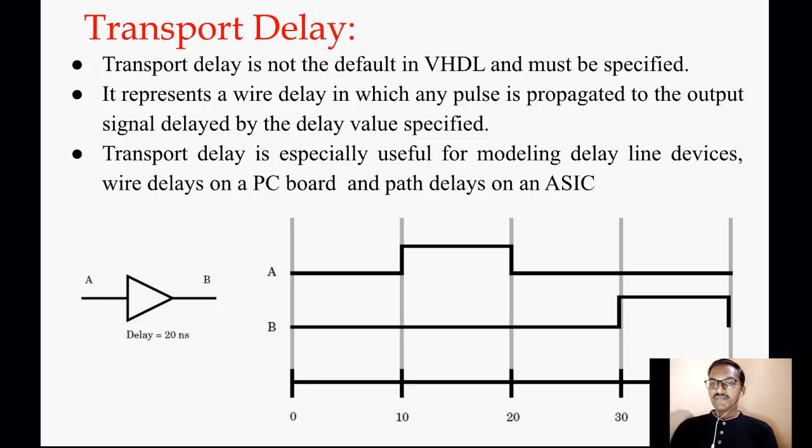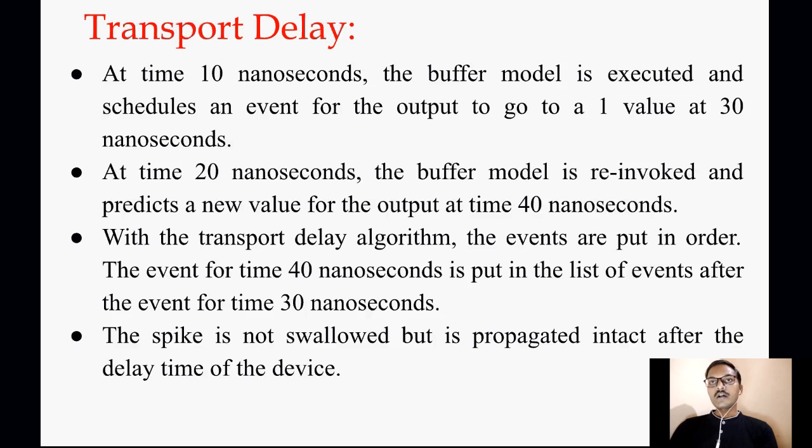So you can see the same 10 nanosecond spike in input A is transported to output B. This is the difference between the inertial delay and the transport delay. At time 10 nanoseconds, the buffer model is executed and schedules an event for the output to go to one at 30 nanoseconds.